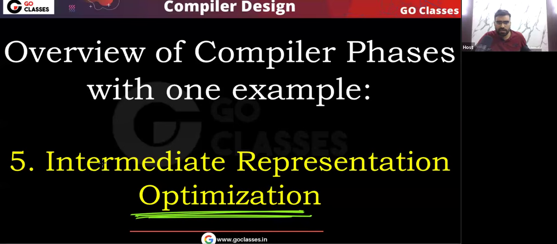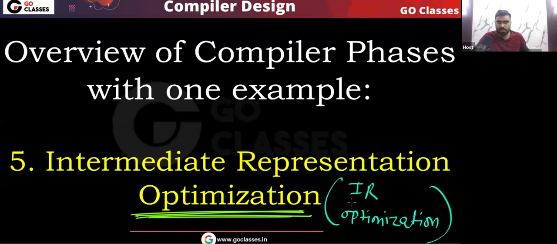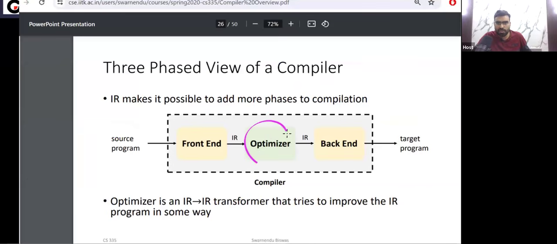Now we are learning intermediate representation optimization, IR optimization. We are going to optimize the intermediate code. So this optimizer is machine independent because it is optimizing the intermediate code, and intermediate code is machine independent.